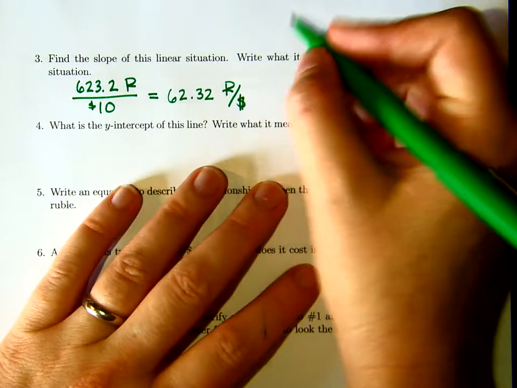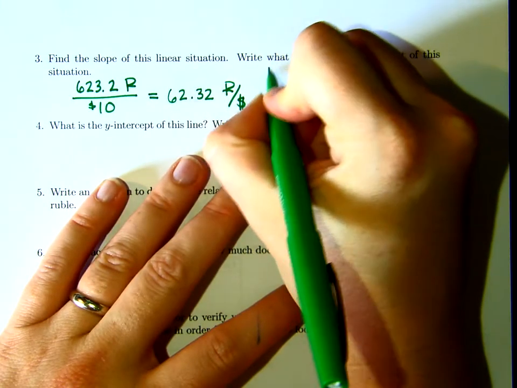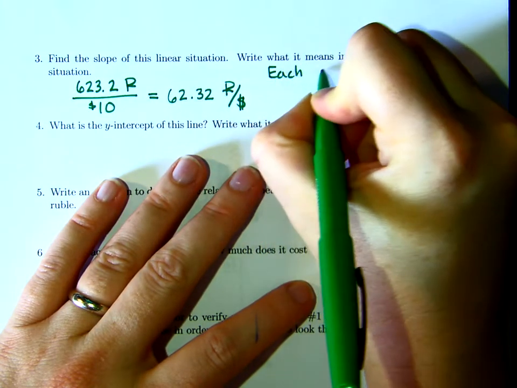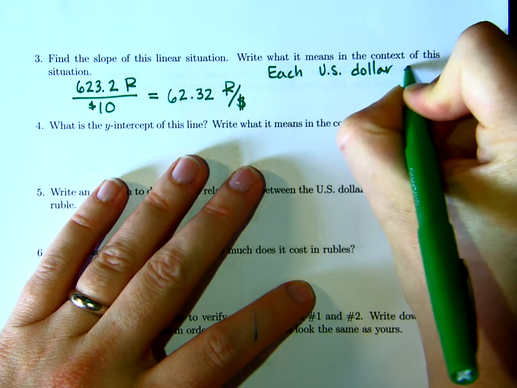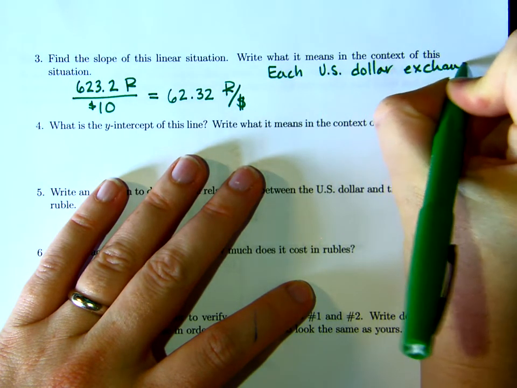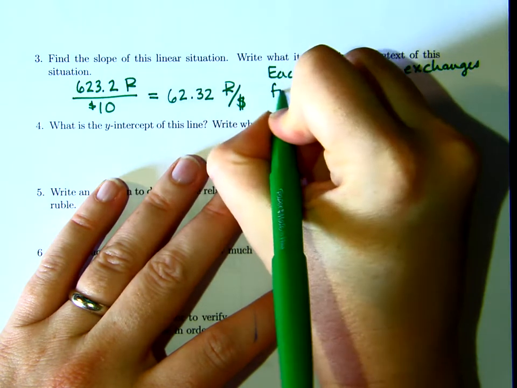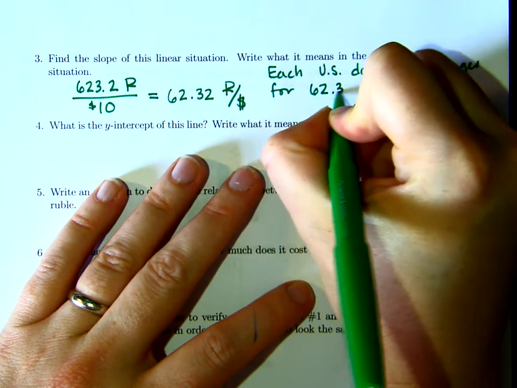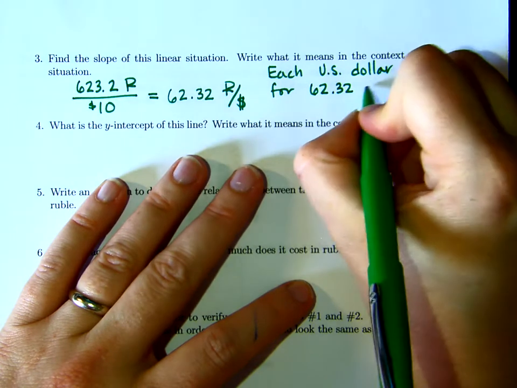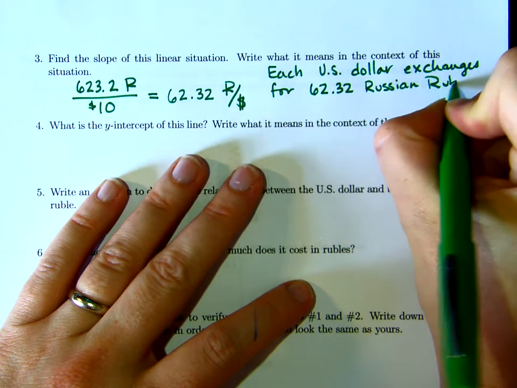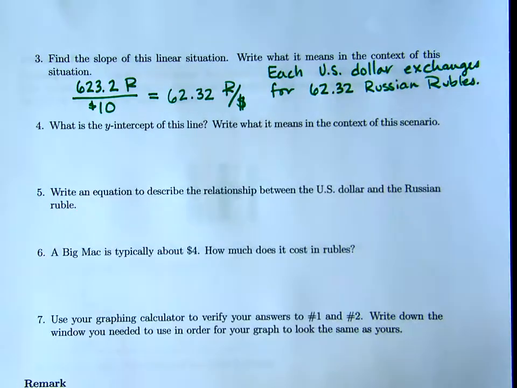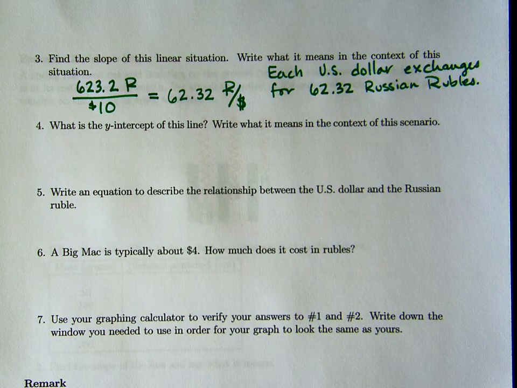Well, each US dollar exchanges for 62.32 Russian rubles. Got it. What is the y-intercept of this line?